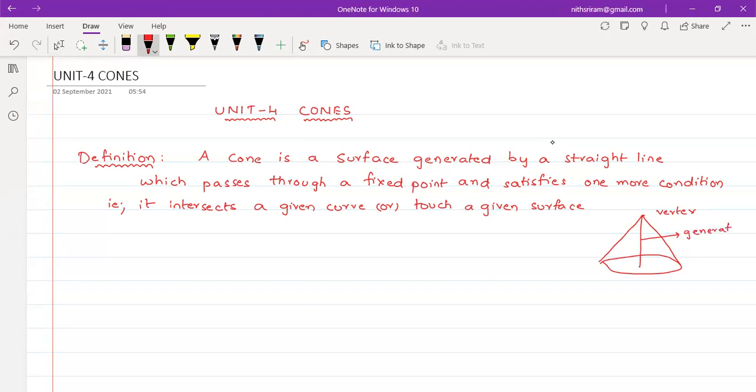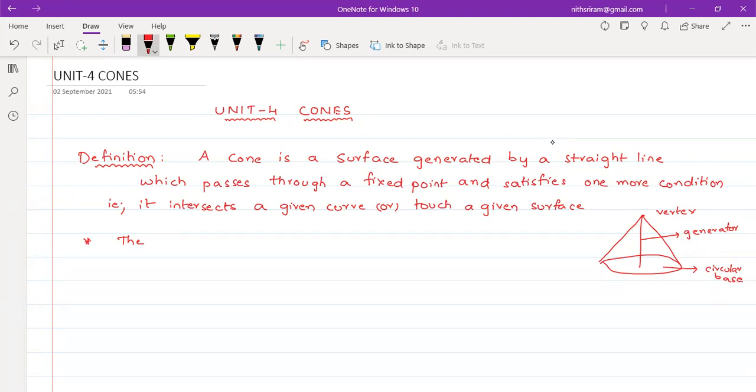Generator is nothing but a line, and this shape is a circular base. Here is the fixed point. This is the diagram of the cone, the shape of the cone. We are very well aware of that. So the shape of the cone is in this way.